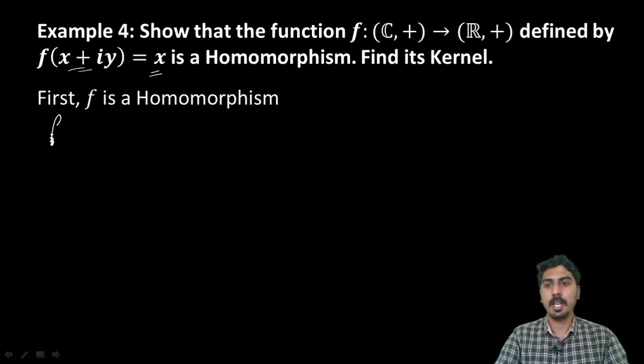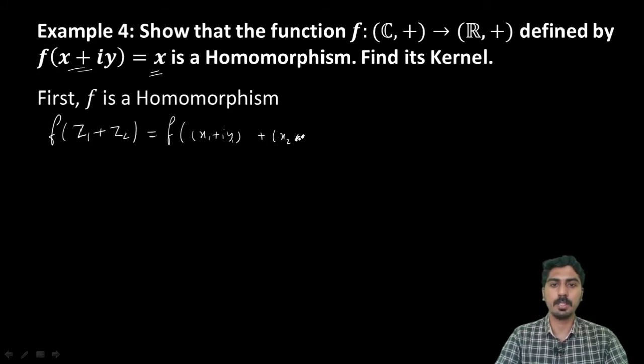If I consider z1 plus z2, where z1, z2 are complex numbers, if the real part of z1 is x1 and the real part of z2 is x2, then the real part of z1 plus z2 will be x1 plus x2. So here I get x1 plus iy1 plus x2 plus iy2.